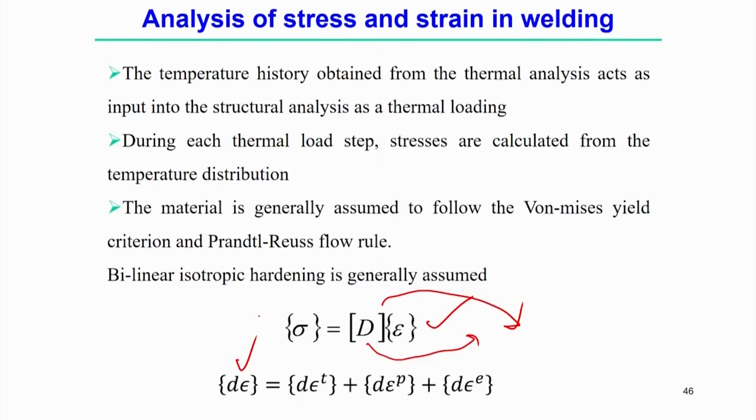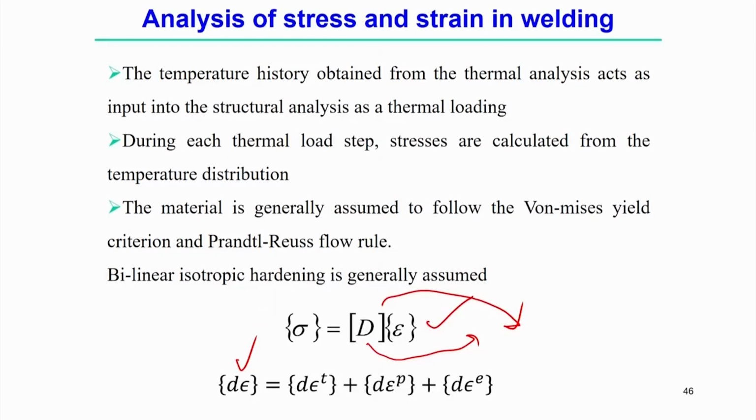Therefore, in a single step it is possible to consider the elastic analysis, but when you enter the plastic stage, the strain component is divided into small increments. Basically, in incremental mode, we divide the total strain into very small components, incremental d epsilon, and that d epsilon consists of three components.